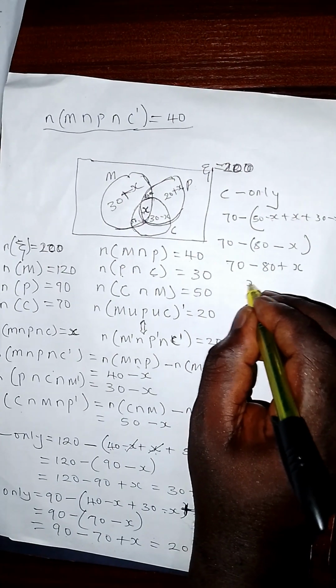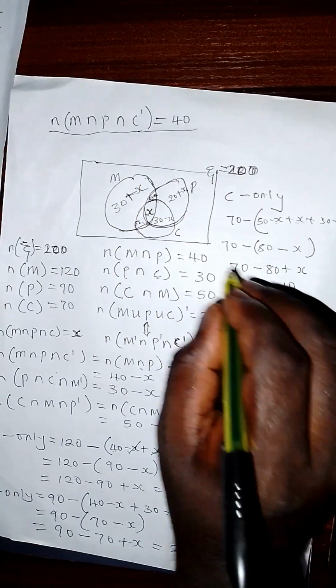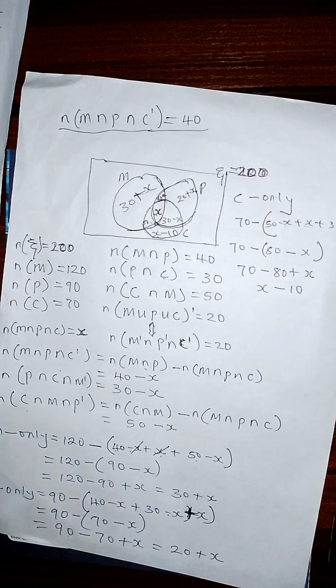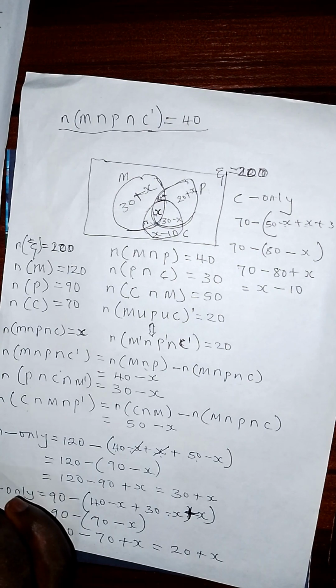So this will give us X minus 10. So we have X minus 10. Do not forget that, X minus 10. Okay, now we are done with that.